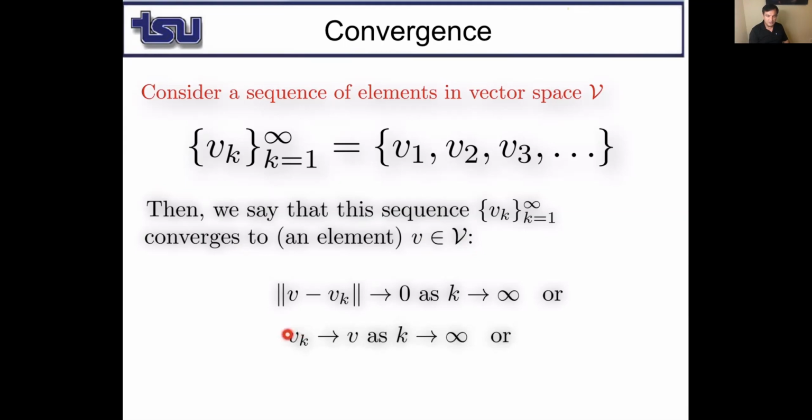Or we say v_k goes to v as k goes to infinity, or the norm of v minus v_k goes to 0 as k goes to infinity, or the limit of v_k as k goes to infinity is v. Those three are equivalent ways of saying that the sequence v_k converges to the element v.